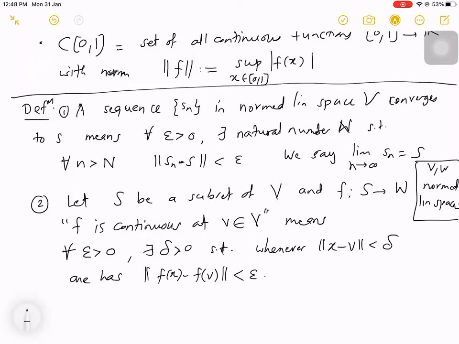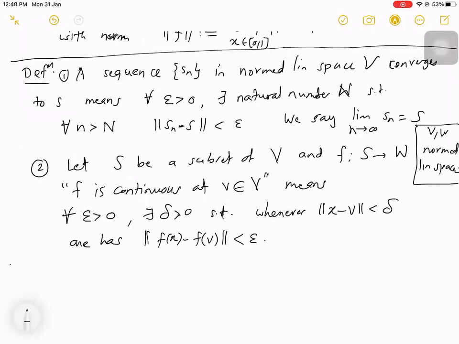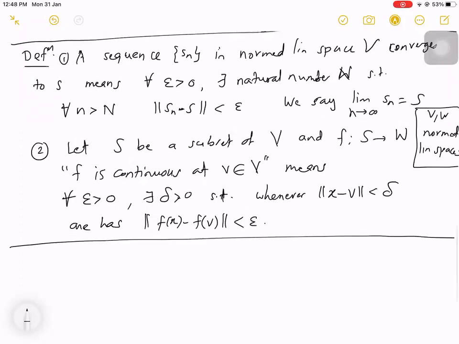All right, so this is where we are headed. Okay, so the notion of distance, so define.